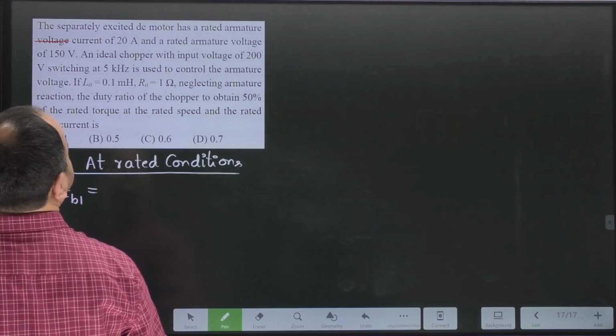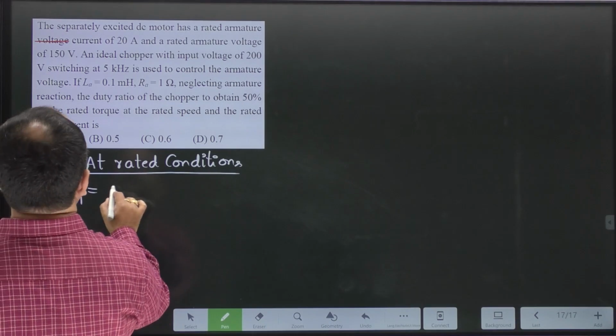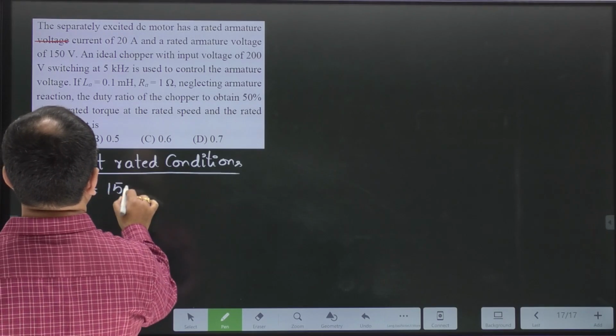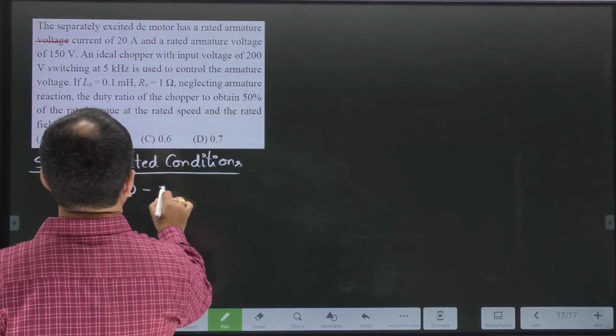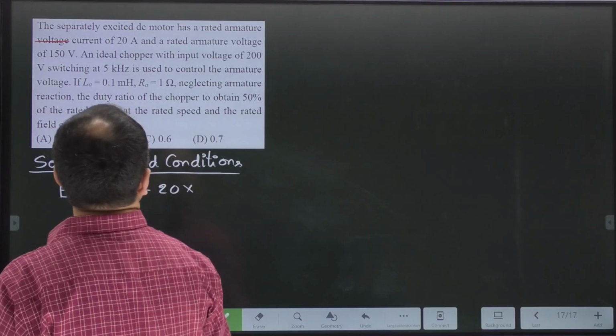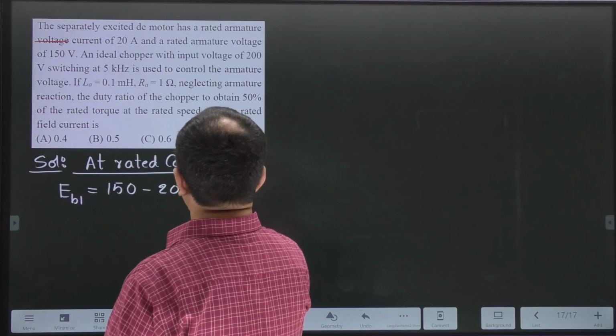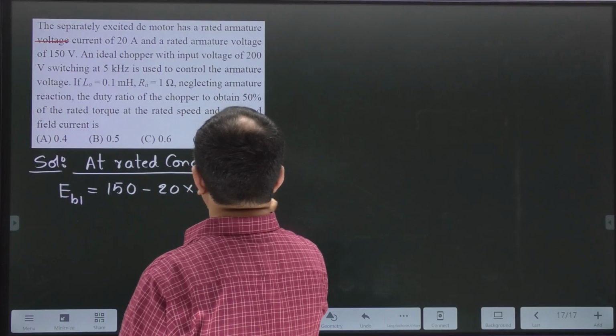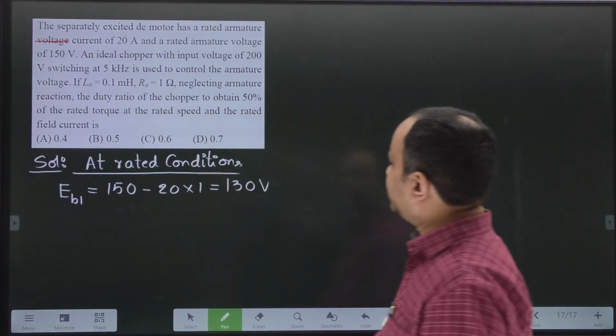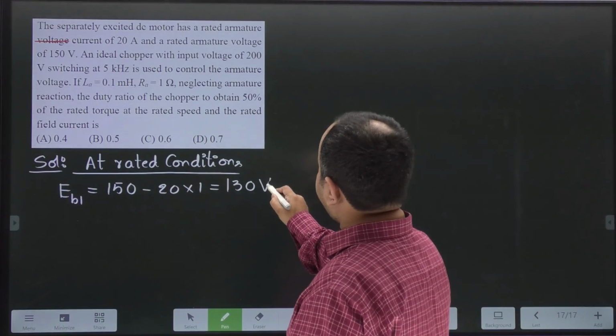So what is that? The rated armature voltage is 150 volt minus armature resistance drop 20 into 1 ohm. So this will give you 130 volt. Okay. So this is at rated speed.